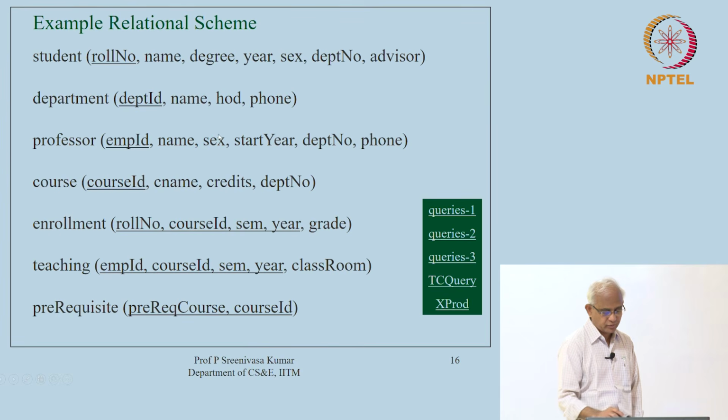I can take a tuple from here and concatenate the tuple from there and then see what best I can do with that. You can see that issue. So, that is where the cross product comes in, but you also see that we are doing unnecessary work, because we are combining a professor with all 13 departments, 14 departments, whatever, which are actually unnecessary.